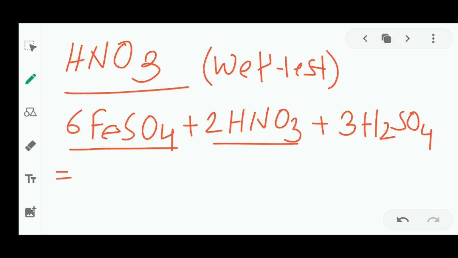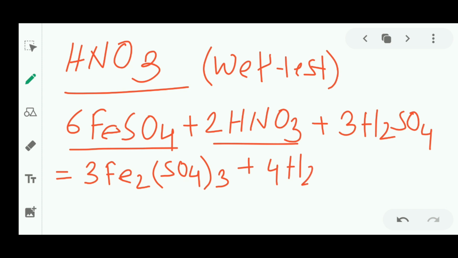So you will get a compound, 3Fe2(SO4)3 plus water and NO, and then the brown ring formation occurs.